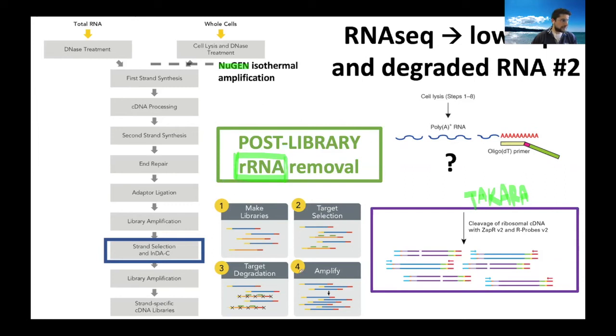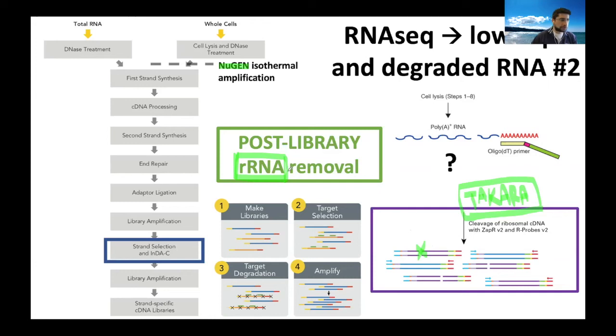Nugen is doing this by using a restriction enzyme that basically recognizes the adapter to ribosomal RNA junction, while Takara is using CRISPR-Cas9 in vitro, so like in a tube, to basically just degrade the DNA that is annealing to the guide RNA against the ribosomal RNA reads, okay?